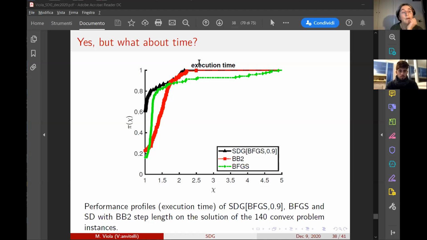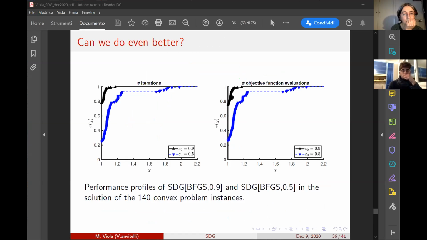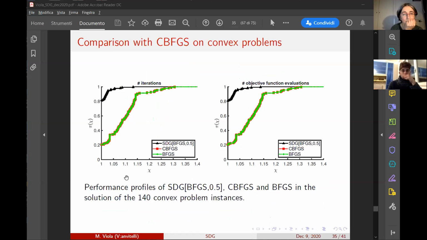Because still, if you just use the gradient direction, you don't do better. And CBFGS here, which tries to compensate for possible bad behavior of the BFGS matrix, behaves exactly like the BFGS method. So they are not so bad. Of course, in this kind of setting, we have a logistic regression.